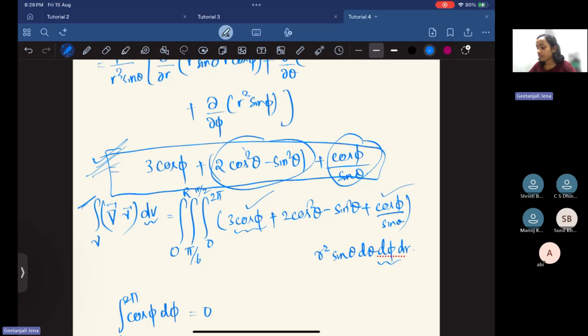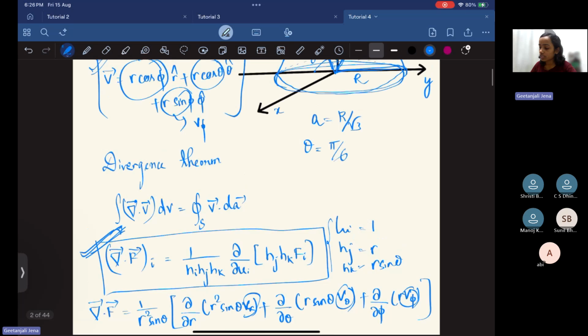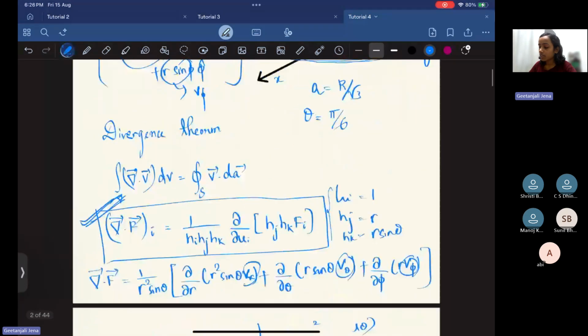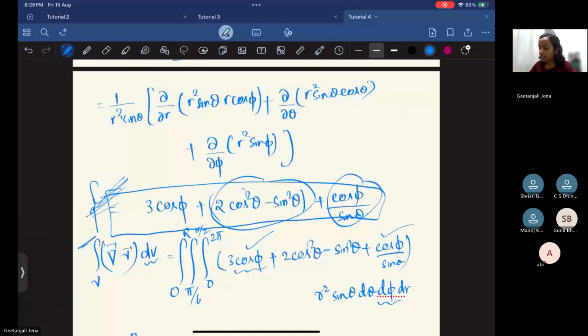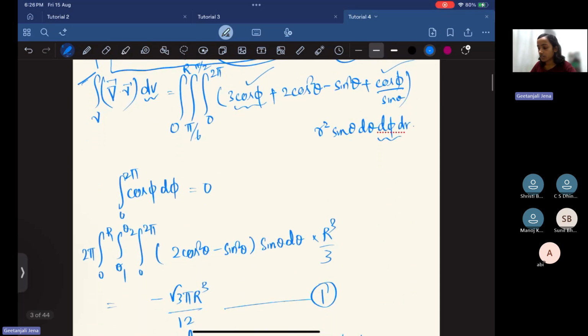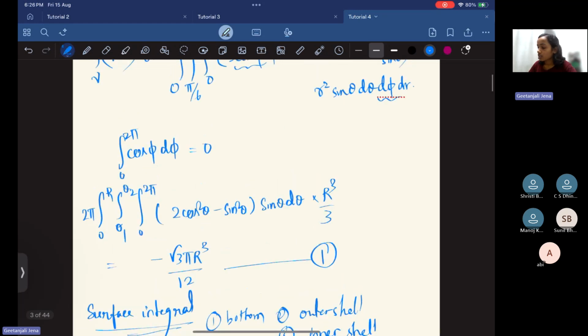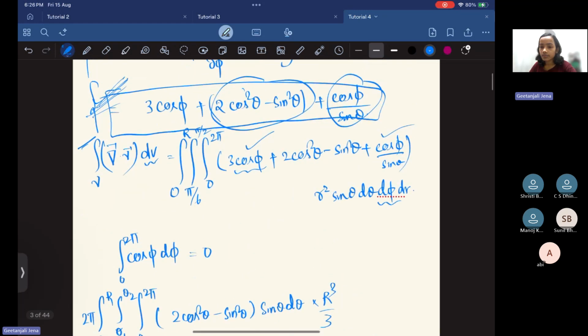Okay, if you have any doubts in any of these steps, let me know. I think the steps are easy to trace. If you have any doubts, I will clarify them, and then we'll start solving the next problems.